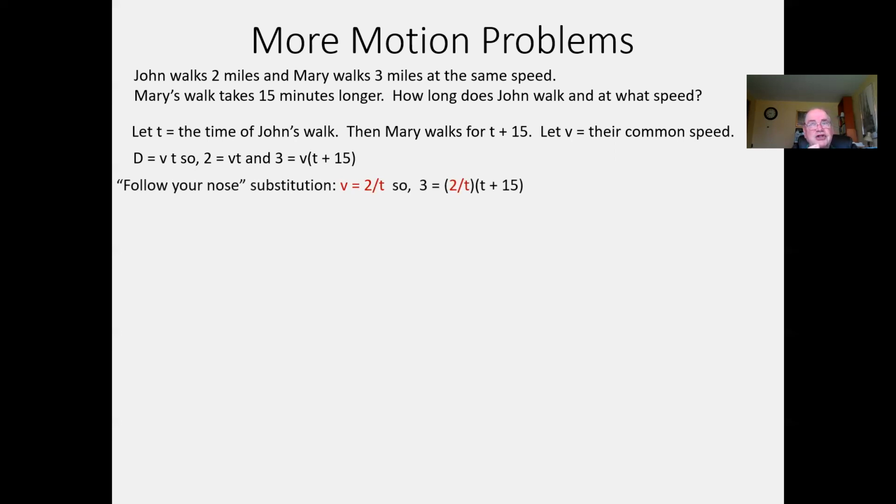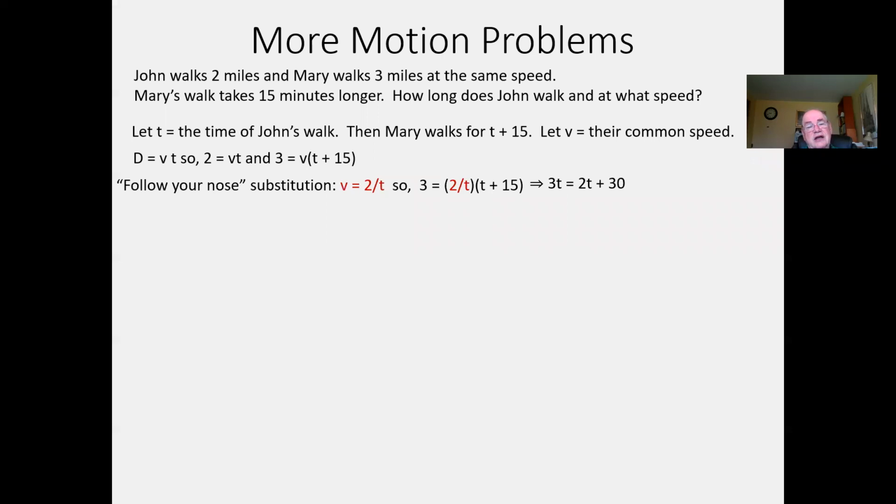In the spirit of showing many, many ways of solving this, ways which I would like you to think about, the first way is just to do the old substitution. This is grinding it out, okay? We take the first equation, 2 is equal to vt, and I solve for v and stick it into the second equation. This is a classic substitution.